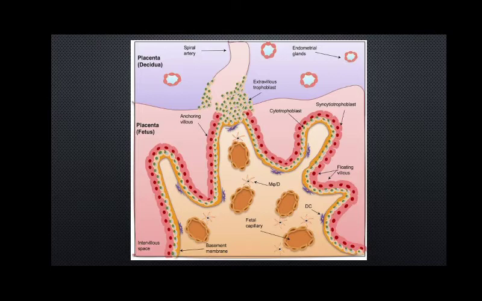Plus, you can notice one thing here: this is written as M5 and DC. These are the protective immune cells of the fetus. M5 represents the macrophages, and DC means the dendritic cells. Those are the first line of defense for the fetus, meaning even after nutrients get inside, they may carry something unwanted, so these cells are ready to clean that out.